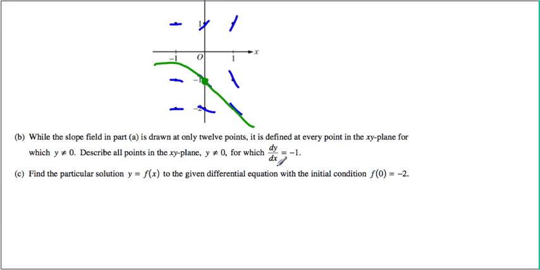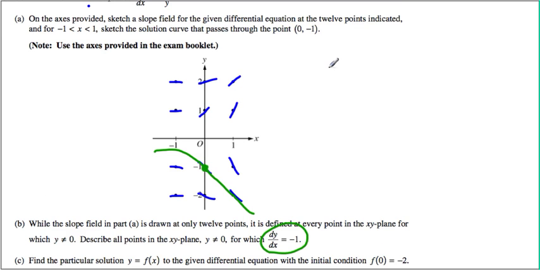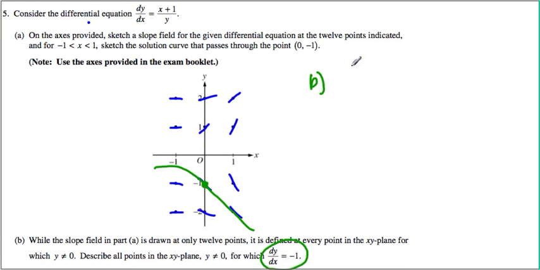All right, now part B. While the slope field in part A is drawn only with 12 points, it is defined at every point in the xy plane where y is not equal to 0. Describe all points where the slope will be equal to -1. So we have to see for what values of x and y the slope will be -1. In order for us to see that, all we have to do is: the slope, (x plus 1) over y, has to be equal to -1.